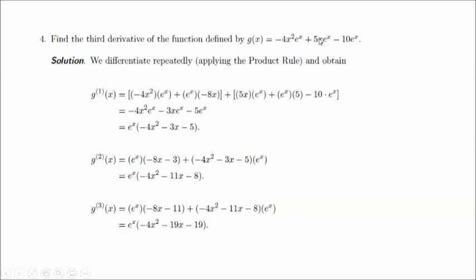Then this one, product rule ulit. 5x, bali 5x multiplied by e raised to x. Okay? 5x, derivative ng e raised to x is e raised to x. Plus, copy yung e raised to x, derivative ng 5x is 5. Okay? And then this one, derivative nito is minus 10, since constant, i-multiply sa derivative ng e raised to x. So e raised to x. Okay? And then simplify.